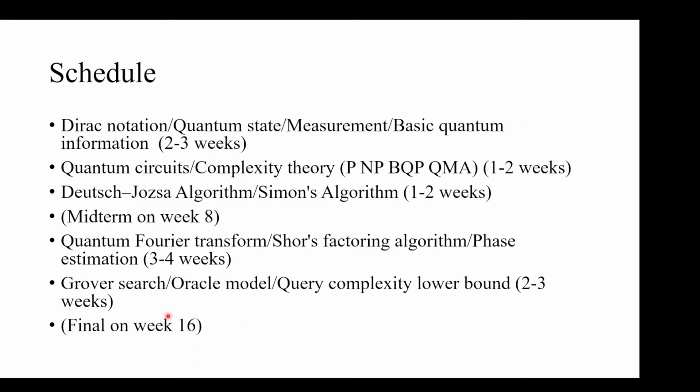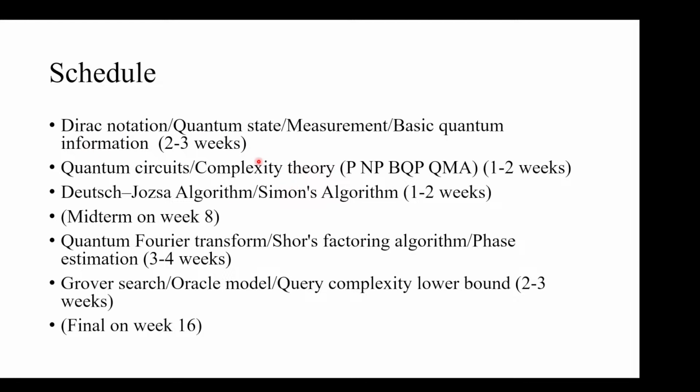Okay, and then we have the schedule of the class. The first half is more on background. We start with the Dirac notation and of course quantum state, quantum measurement, and then general basic quantum mechanics and quantum information. This is about 2 to 3 weeks, and then we start our quantum computation.